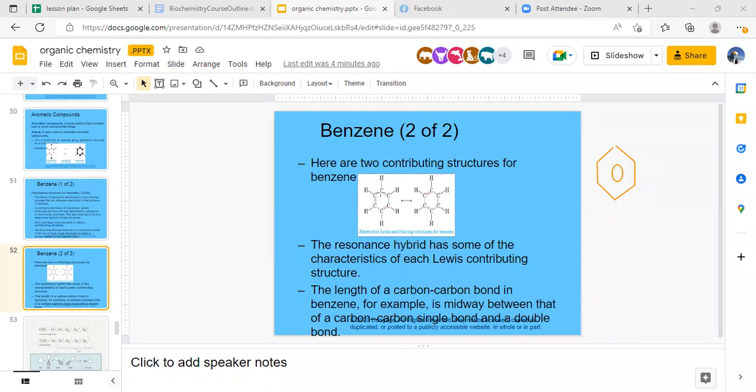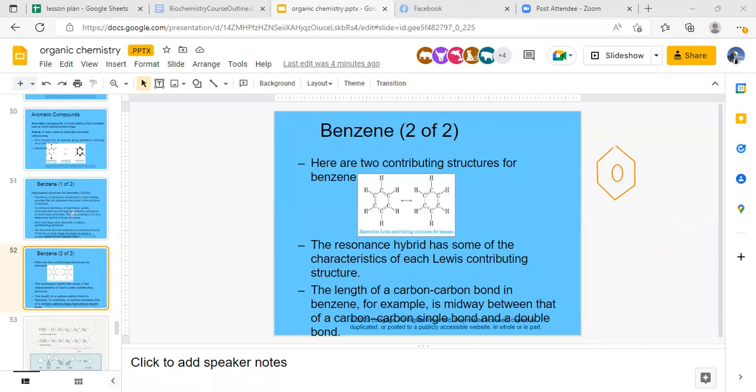If you count the number of bonds, so carbon is double bonded with another carbon, and this carbon is bonded with one carbon, then matitirang bonds na lang is one hydrogen each. Okay, so one hydrogen each for carbon. So parang implied hydrogens na lang yan. Okay, so that's another representation of the benzene.